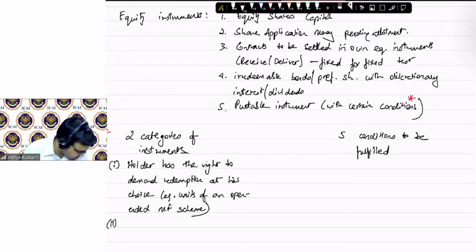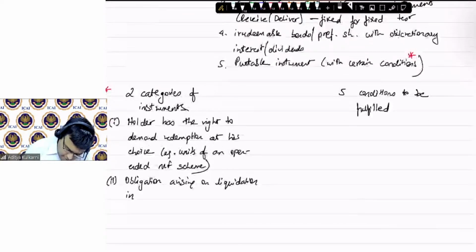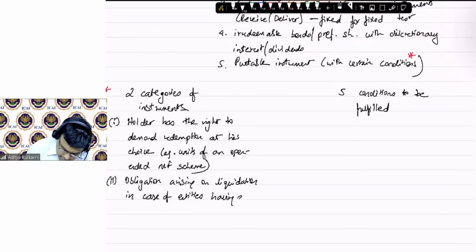second one, obligations arising on liquidation in case of entities having an agreed liquidation date.